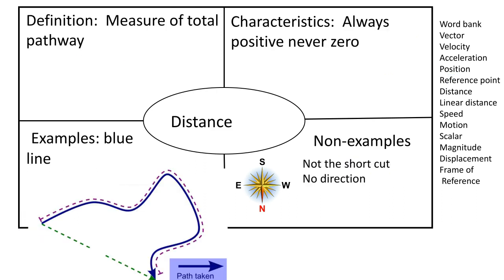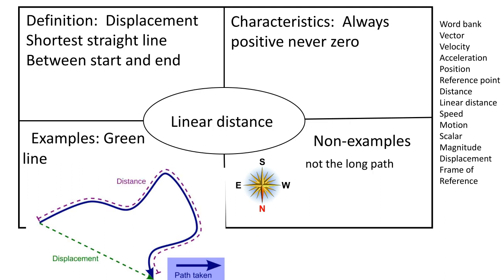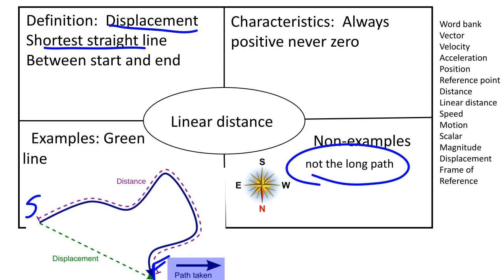Distance, we talked about that again. That's the total distance around, total pathway. The linear distance is the displacement from the start to the finish, shortest path. It's not the total length.